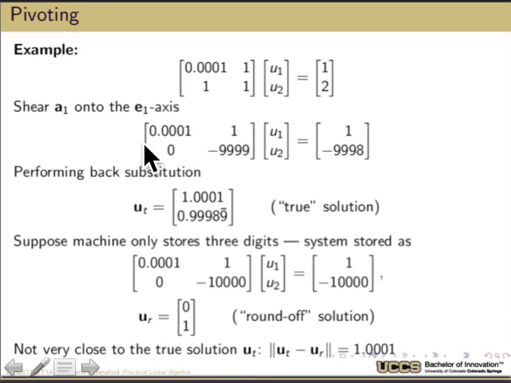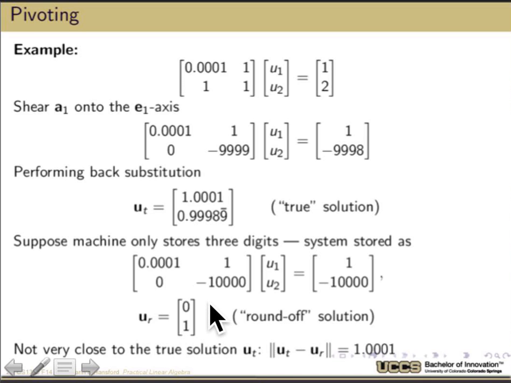If I go to shear that, I'm going to get a matrix that's going to have 0.0001 here, but 9999 here, and that's a big number. And if I do this correctly, I'll probably, if I have enough digits, I can make it work. If I do back substitution, I'm going to get an answer. But if I only kept track of 3 decimal digits, I'm going to get a very wrong answer. And this is the idea of what we consider round-off error, which we'll talk about a lot more.